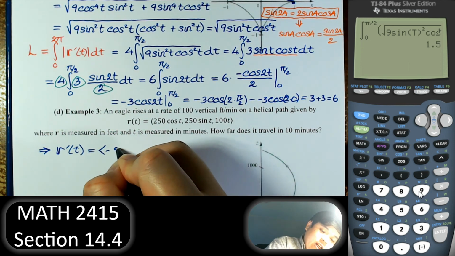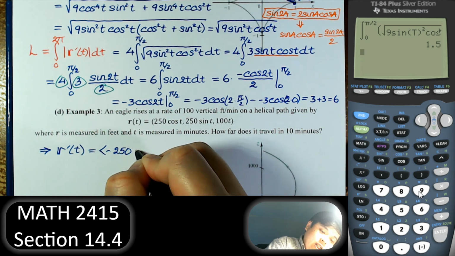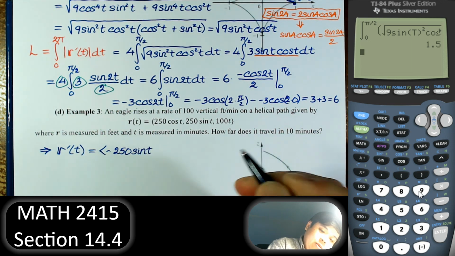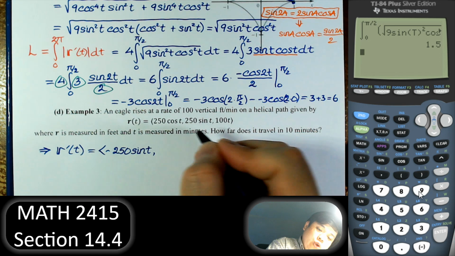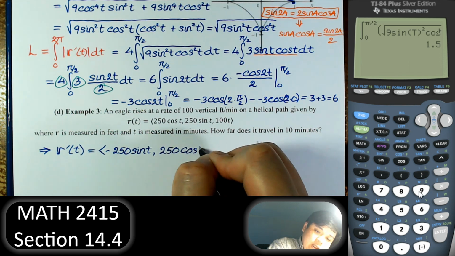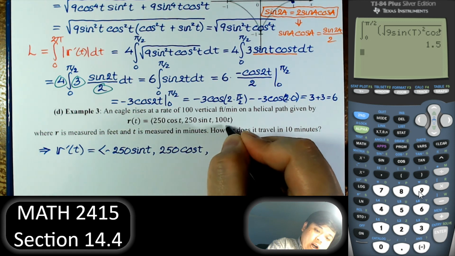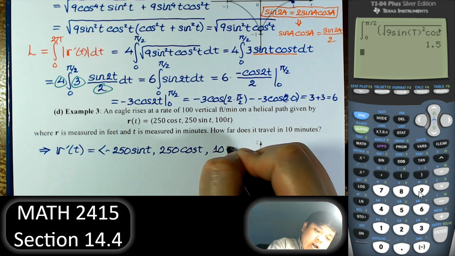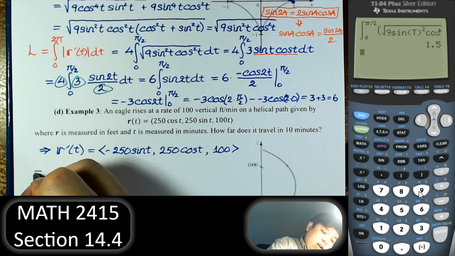Derivative of this, negative 250 sine t. Derivative of 250 sine t is 250 cosine t. And then 100t, derivative with respect to t, is 100. And then find the magnitude.